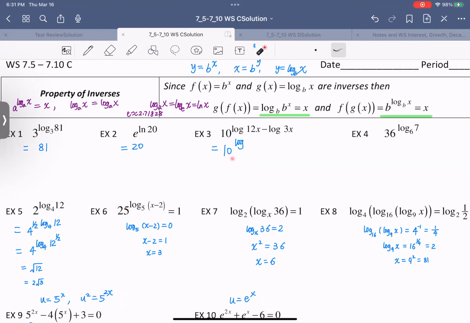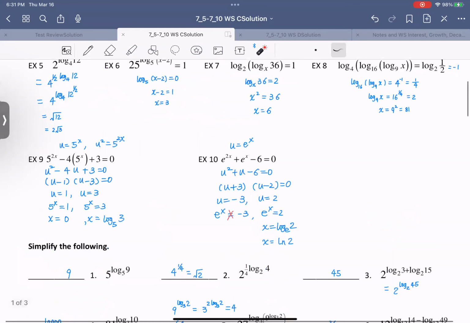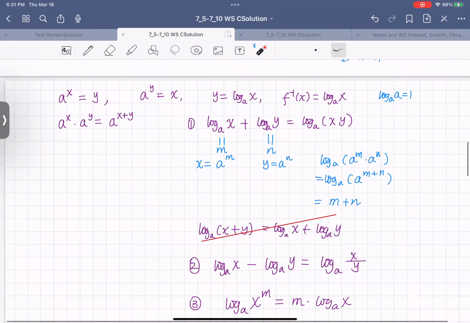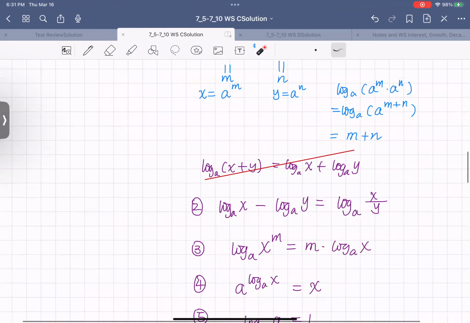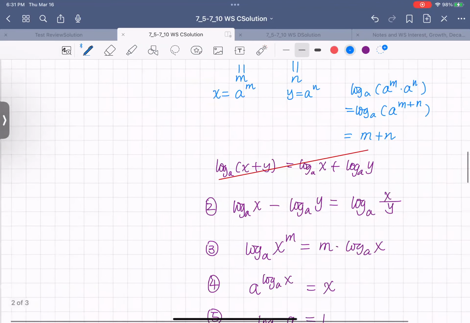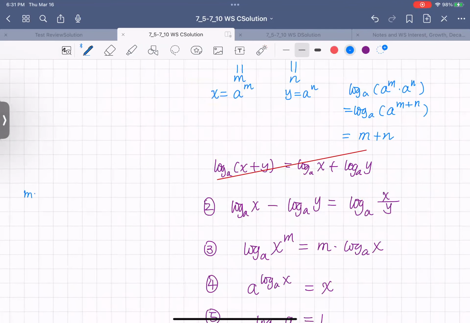Let me explain these properties one more time. Look at this. You have log base a x minus log base a y. If you make this as m, if you say m equals this, n equals this.